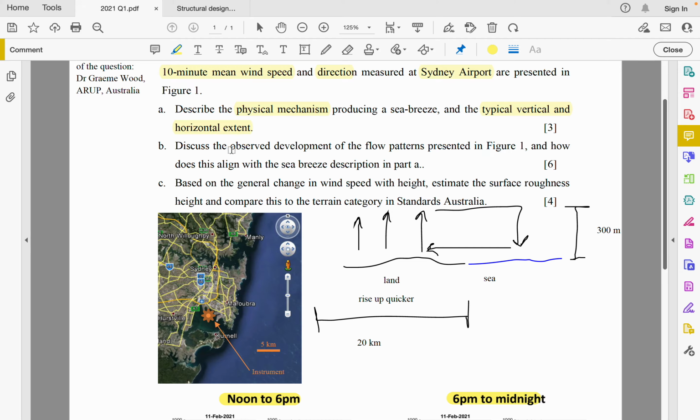And question B: discuss the observed development of the flow pattern presented in figure 1. We already did. And how does this align with the sea breeze?